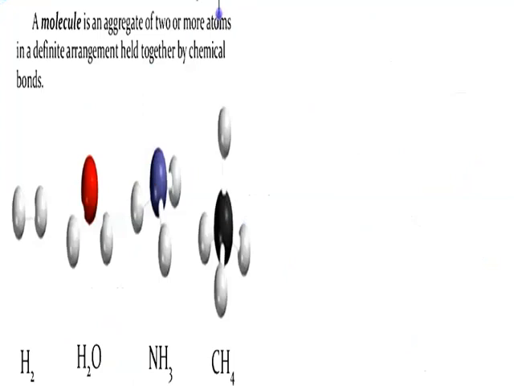A molecule is an aggregate of two or more atoms in a definite arrangement held by chemical bonds. Later on, we have to study these chemical bonds and how the atoms combine.